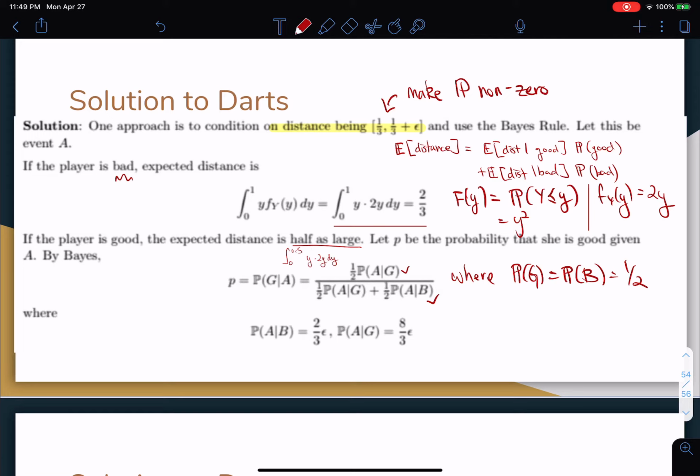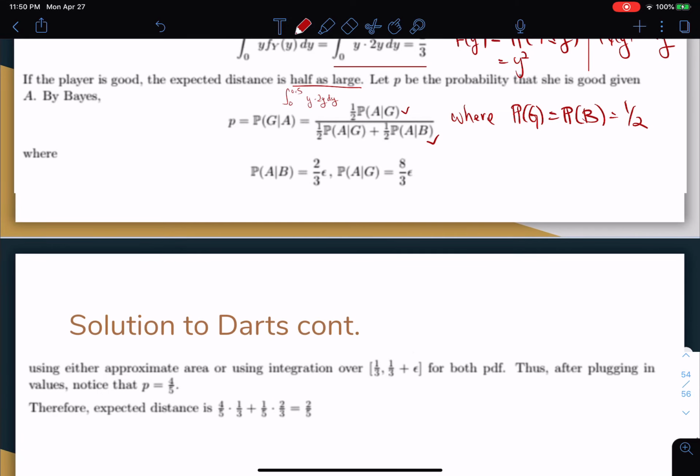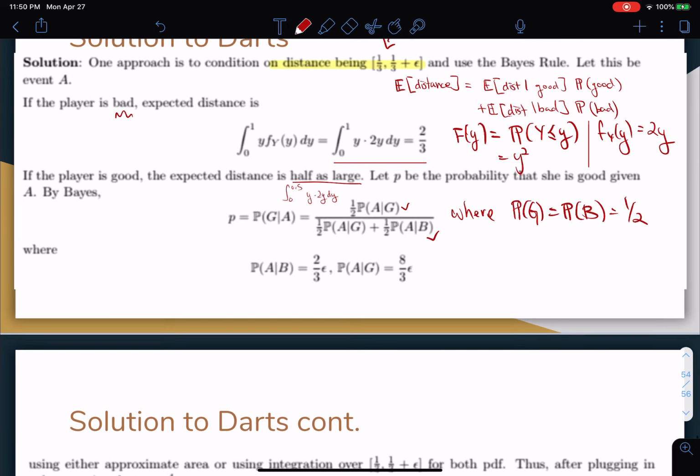Again, A is distance was 1/3 to 1/3 plus epsilon. I won't show the calculation for that because you just have to integrate over 1/3 to 1/3 plus epsilon for this particular question.